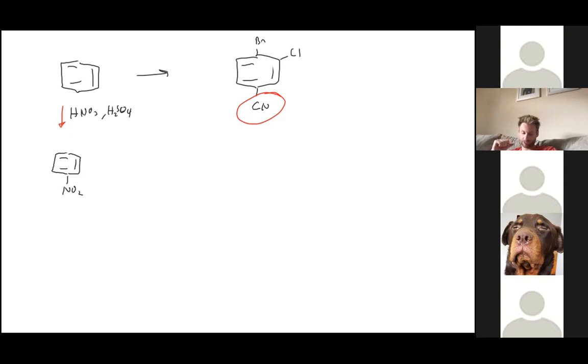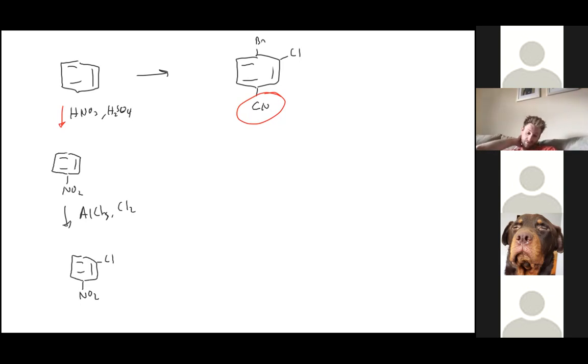From this point, I've got a meta director here, so I could chlorinate and get that chlorination product here, adding in AlCl3 and Cl2. From this point, my priorities have switched.